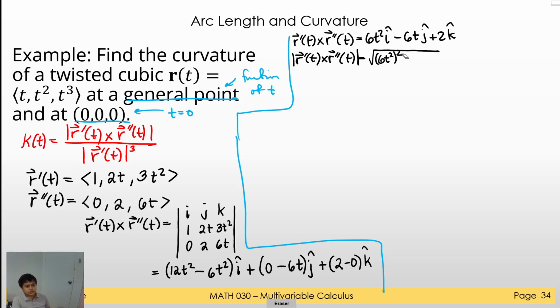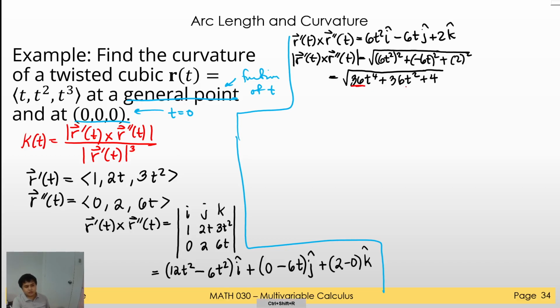So we square 6t squared, then negative 6t squared, and then plus 2 squared. Simplifying, we have the square root of 36 t to the fourth plus 36 t squared plus 4.